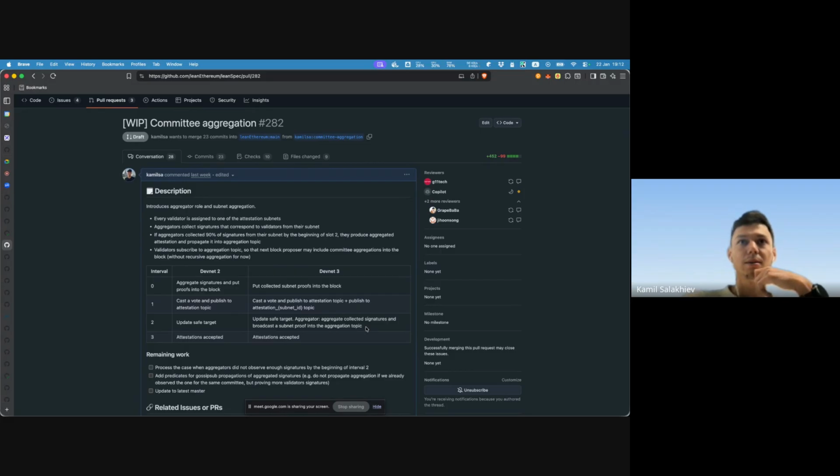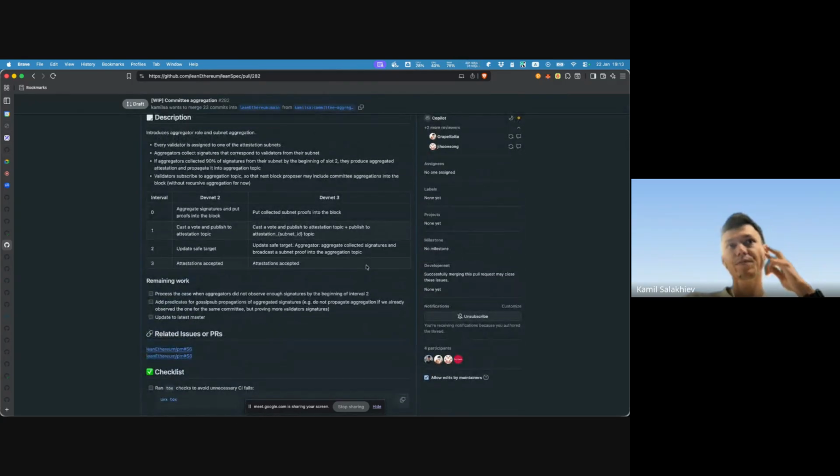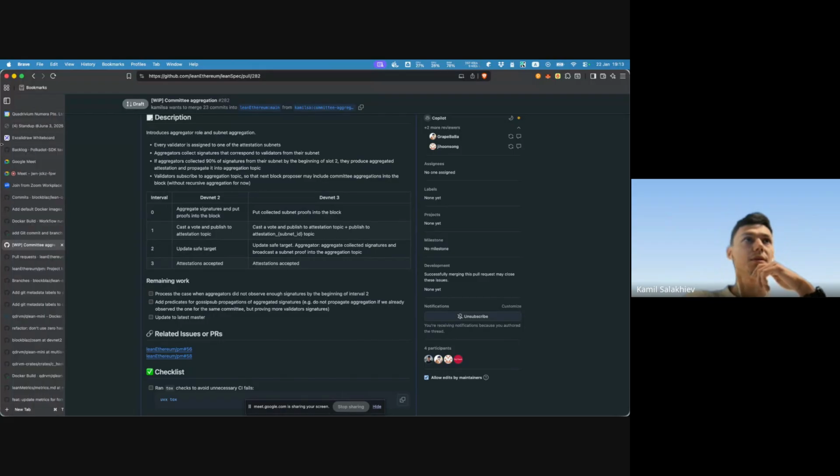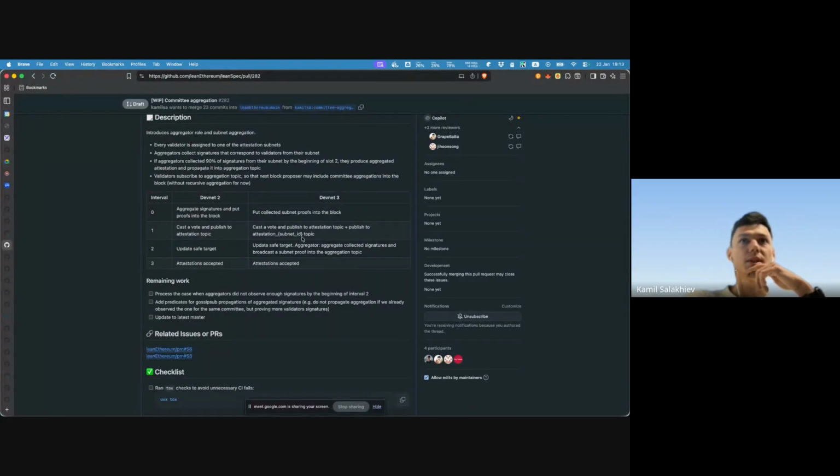So when we scale with this approach, if we do not have the global attestation topic and we only split into subnets and count on per-subnet aggregated proofs to update the safe target, then we might not be able to do this on time during interval 3. Which is why I was proposing to keep both, at least for now: the global attestation topic that we have now and also new per-subnet topics.